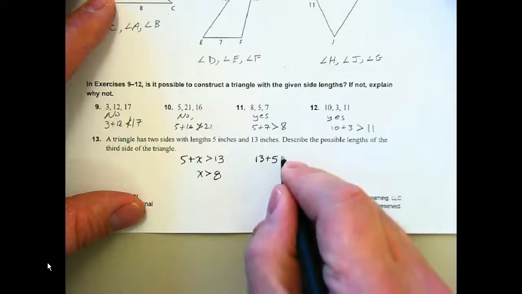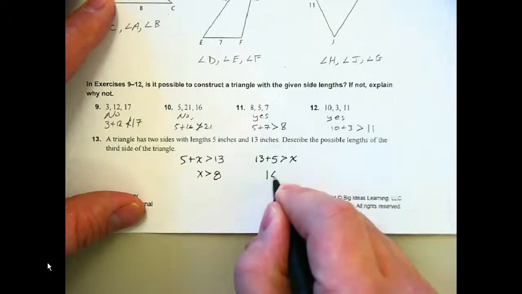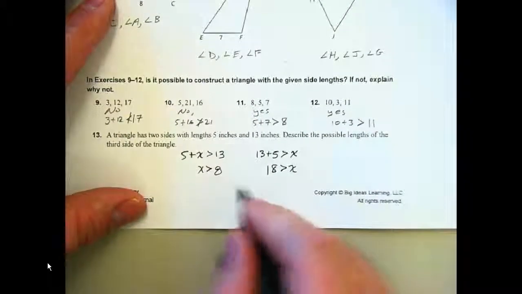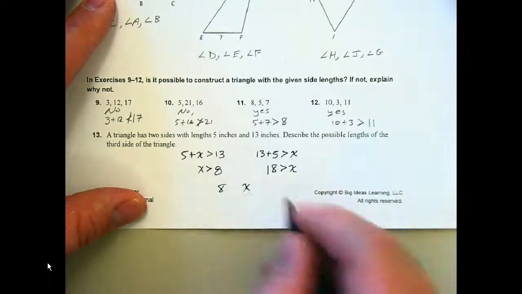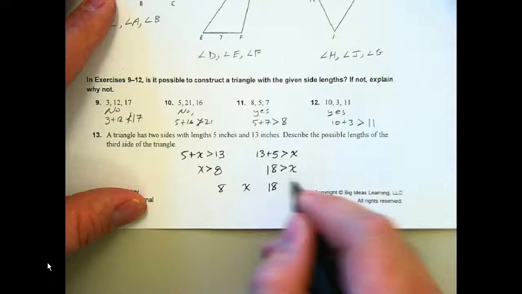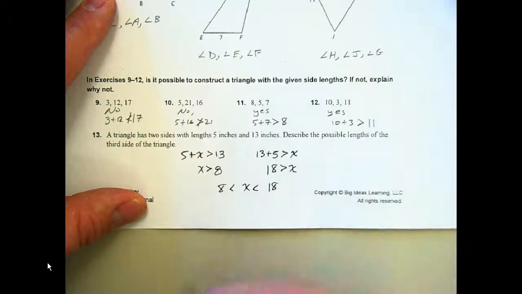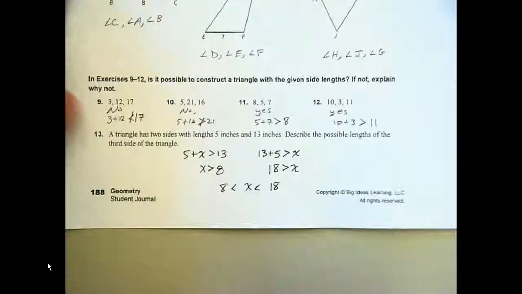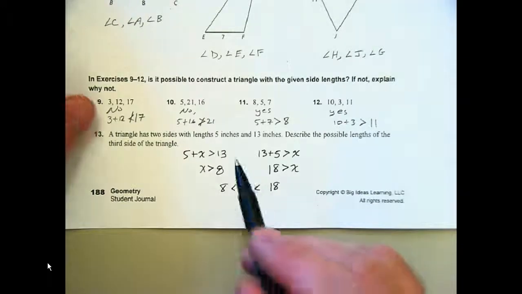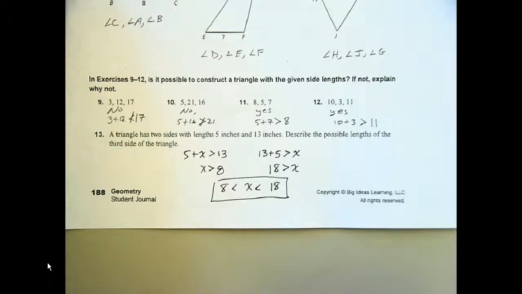Those two sides have to be greater than x, which means 18 has to be greater than x, or x is less than 18. So side lengths between 8 and 18.